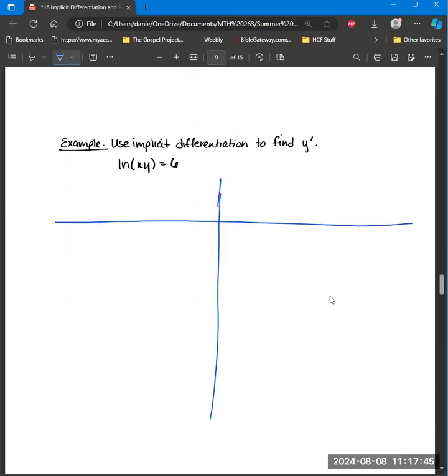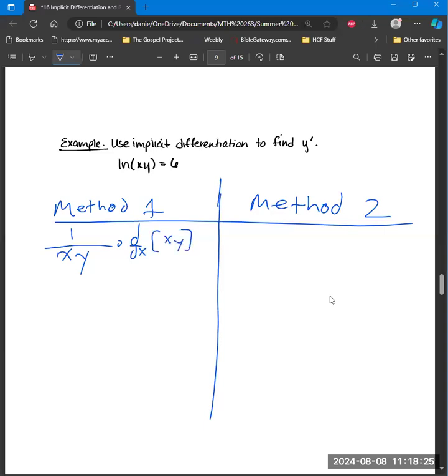So method 1, method 2. So method 1, I'm going to just go ahead and use the chain rule. And it's going to be kind of messy because I have a product rule inside of a log, but my first function that I see is the log. So that tells me to do 1 over the inside of the log. Then I'm going to multiply times the derivative with respect to x of what's inside the log.